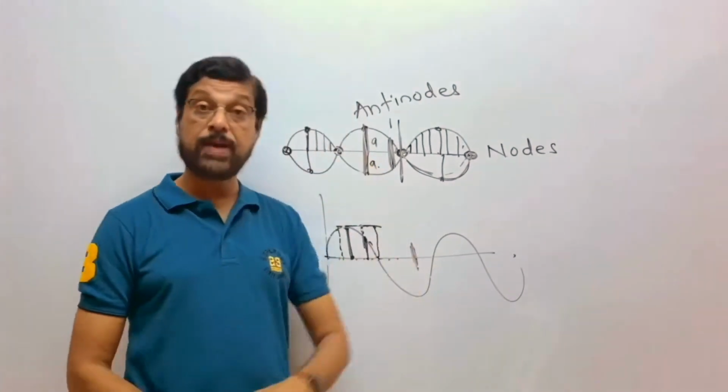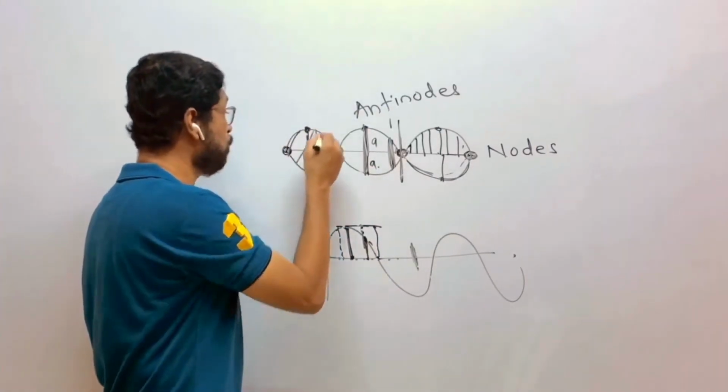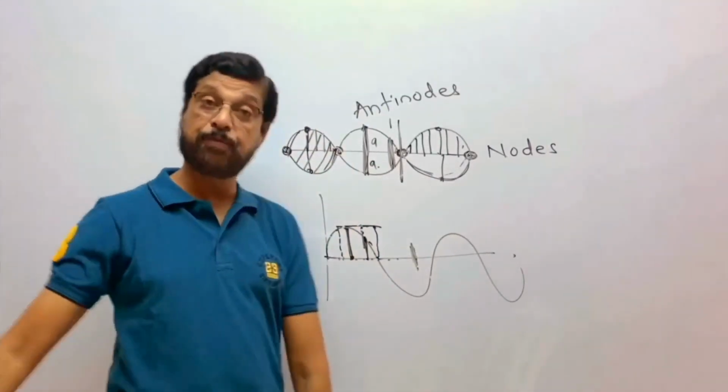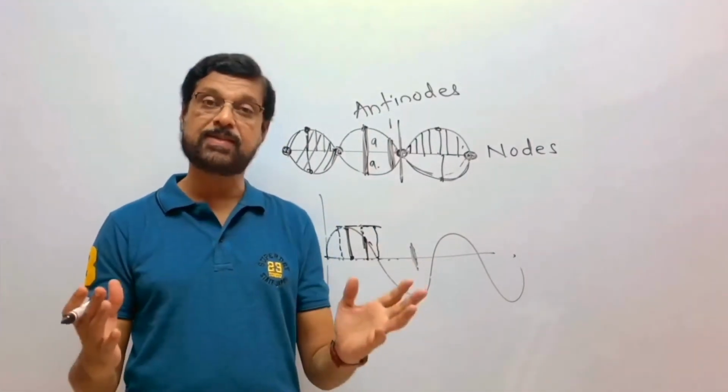In a stationary wave, all the particles in one loop are having same phase. एक लूप में जितने भी पार्टिकल्स हैं सबकी फेज सेम है.